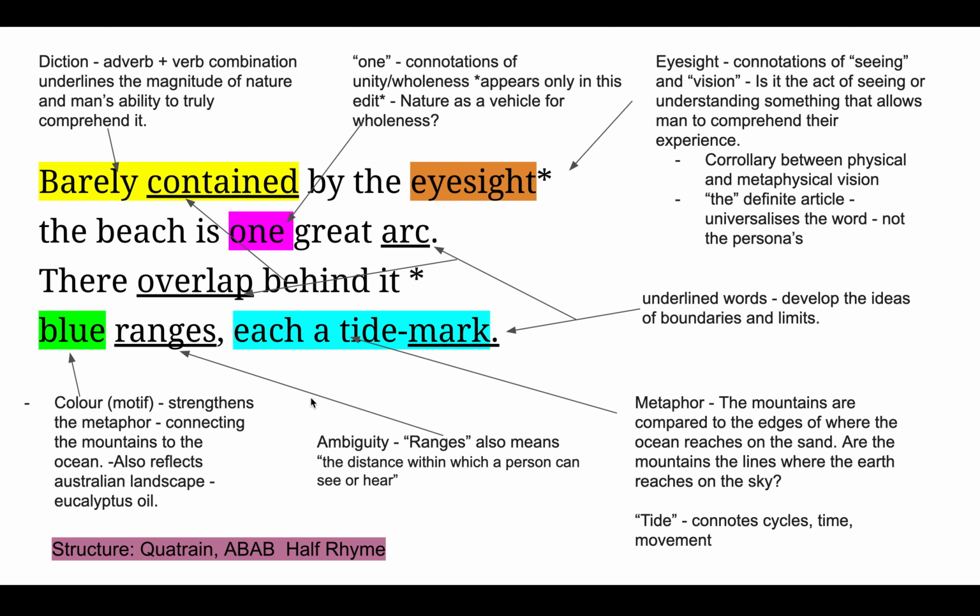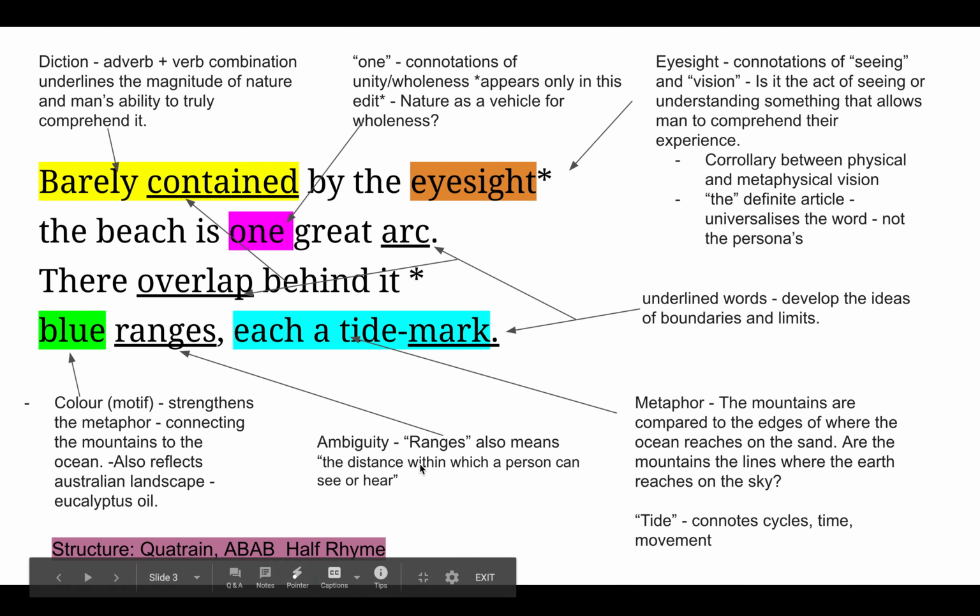Now this word ranges, I've highlighted again or pointed to it in terms of it's an ambiguous choice of words. He could have said blue mountains, he could have said blue hills, he said ranges. One, it supports the flow and the sound of his poetry, which is an important consideration, but I think it also has a sense of ambiguity which Gray wants to use. Ranges also means the distances within which a person can see or hear.